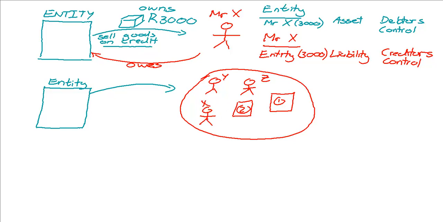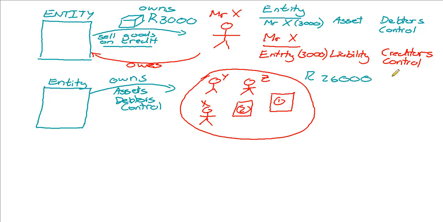So you can see the entity may own various such debtors. And these are going to be assets for the entity, and it's known as debtors control. A question may typically stipulate that the debtors control balance for the entity is 26,000 Rand.